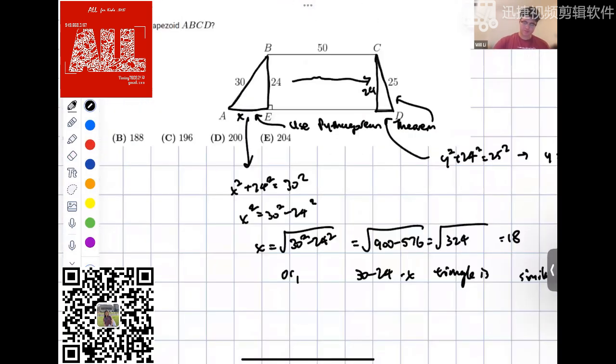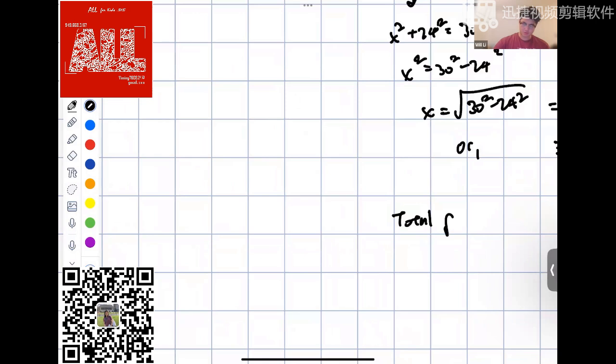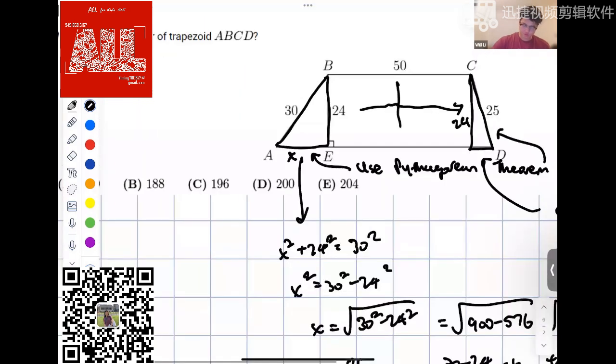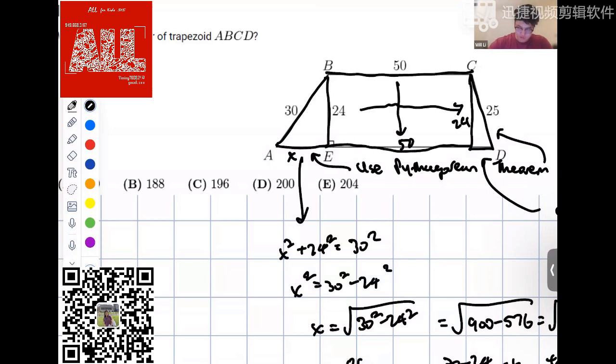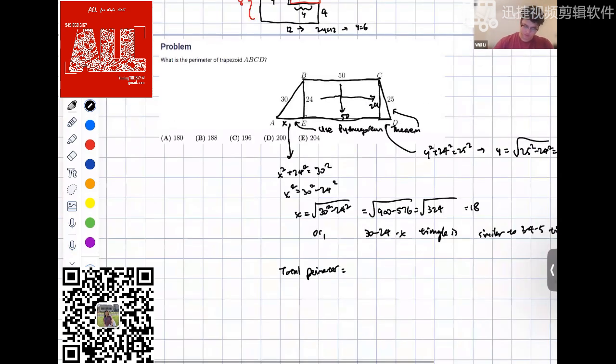So the total perimeter is, and this also transferred down. The 50 is because this inner rectangle has two pairs of sides that are equal in length and opposite each other. So 50 plus 25 plus 7 plus 50 plus 18 plus 30 equals 180.